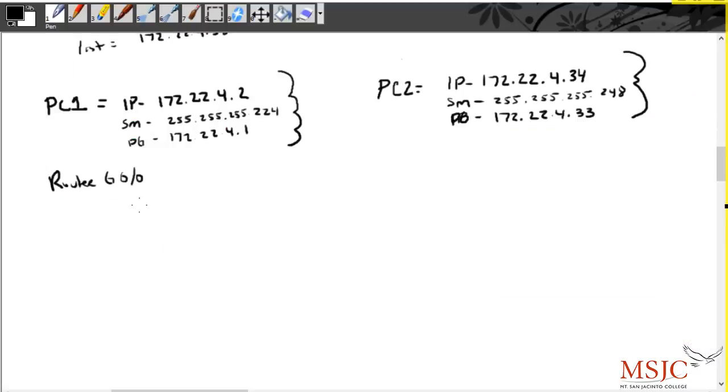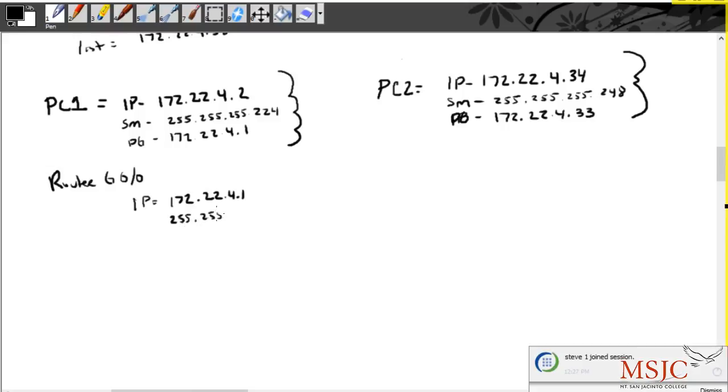That's pretty easy actually. The IP will be 172.22.4.1 with a mask of 255.255.255.224. And notice that the default gateway is the router in this case. So PC1's default gateway address is the router's interface IP.